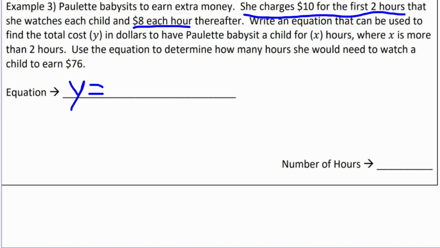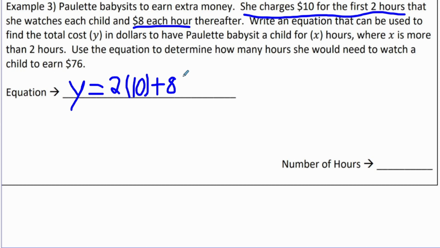Now, I don't really like how that's worded. It should say she charges $10 per hour for the first 2 hours. So it's actually going to be 2 times 10 for the first 2 hours, then plus, and it's $8 for each hour after the second hour.